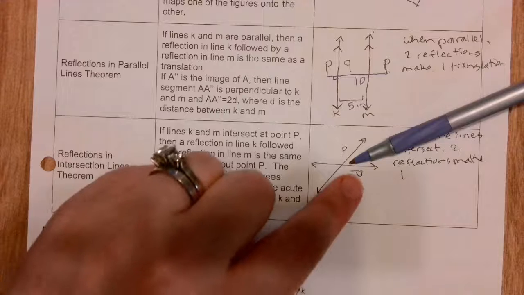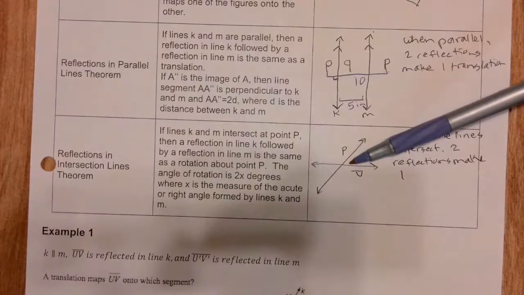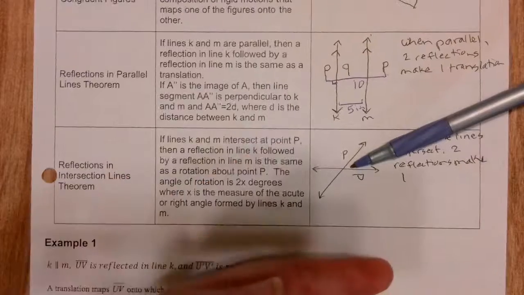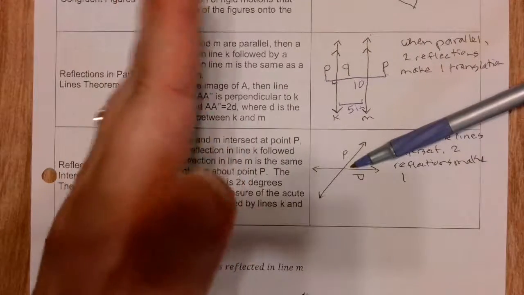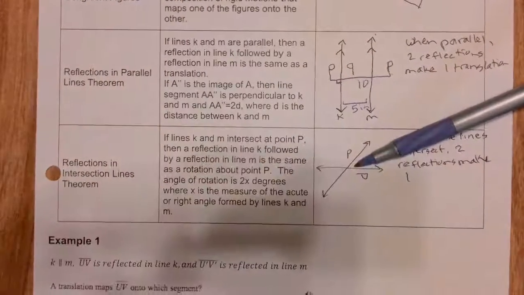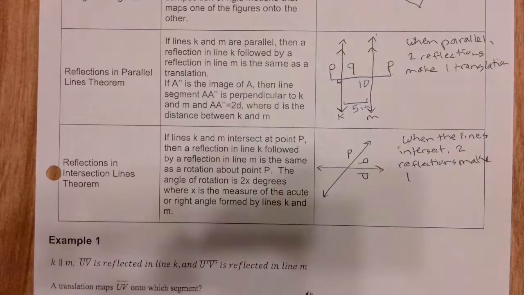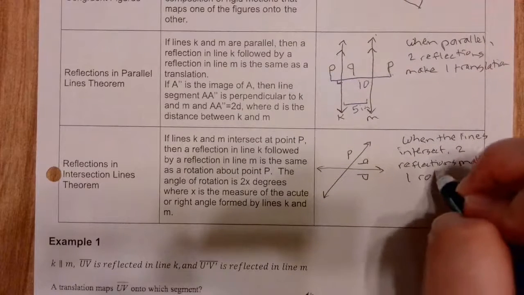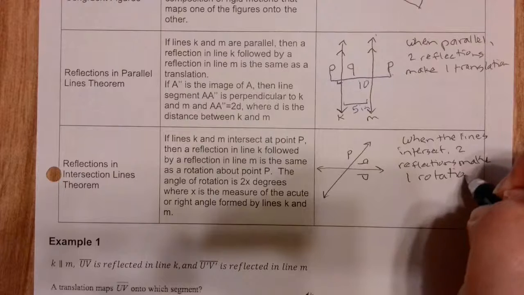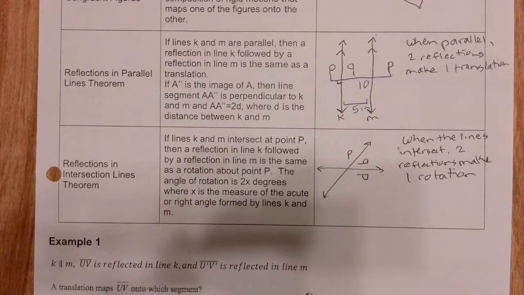From the first P to the last P, was it slid, flipped, or turned? It's been turned. It was kind of upright, and now it's like down. It was turned. That's a rotation. Your two reflections actually just make a rotation.